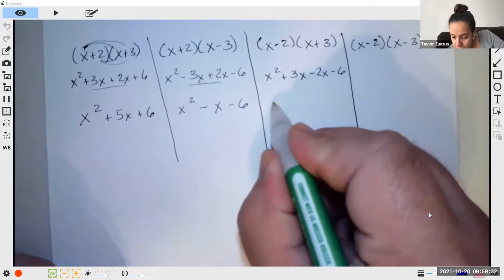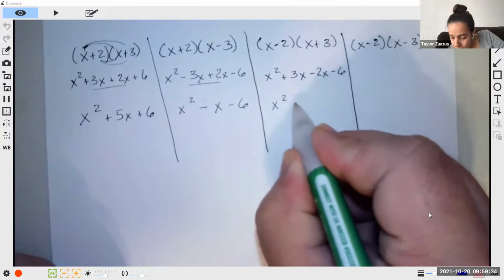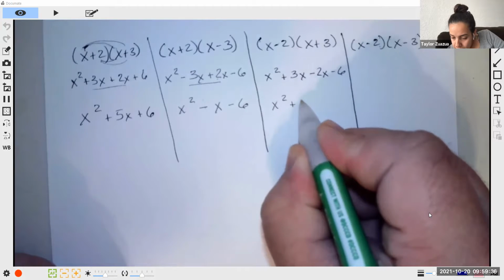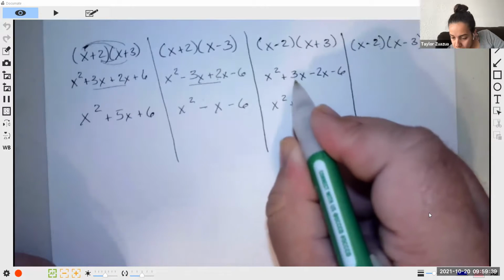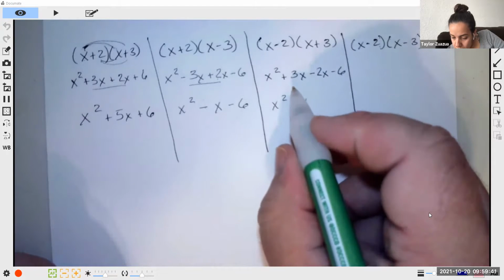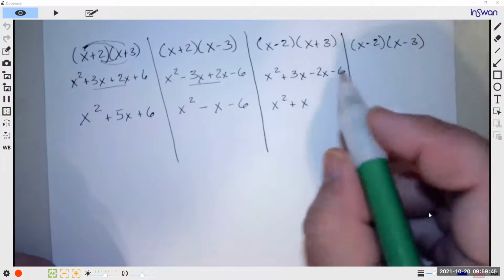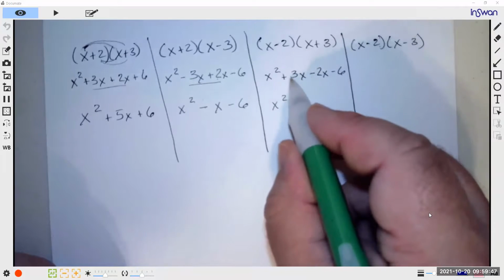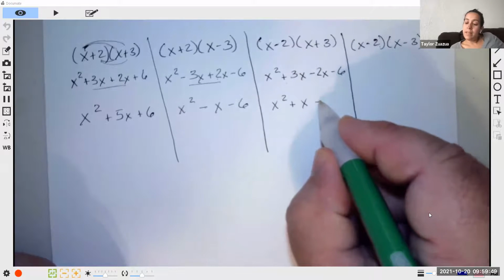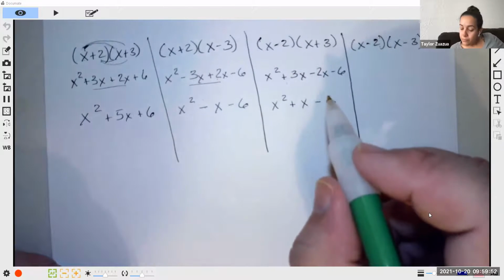Combine like terms: x squared, plus 1x, because with opposite signs, you take the sign of the larger and subtract the numbers. So x squared plus x minus 6.